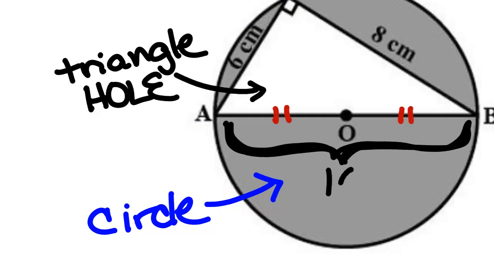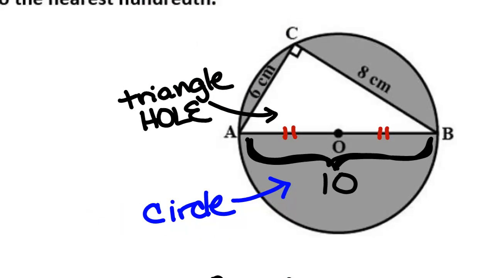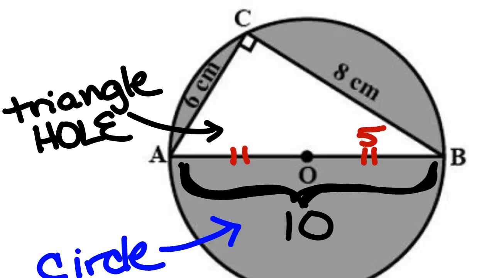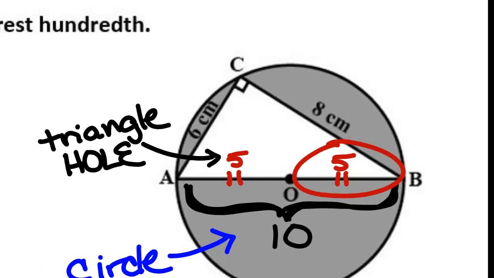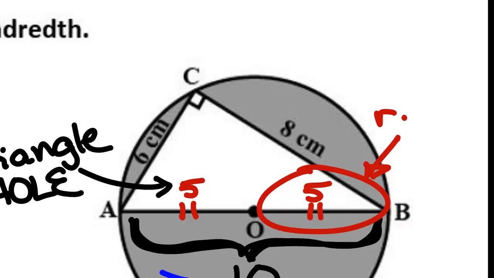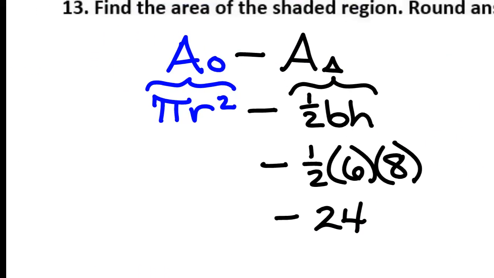So this is 10. Well, if the diameter is 10, how big's the radius? 5. This one's 5. This one's 5. So pi times 5 squared.